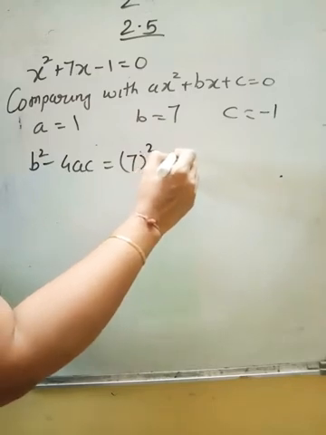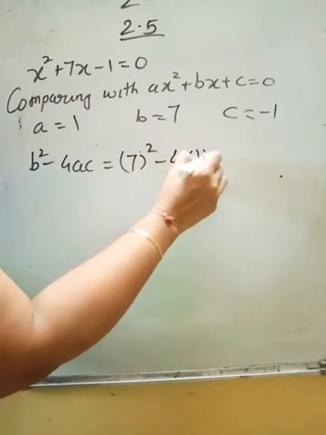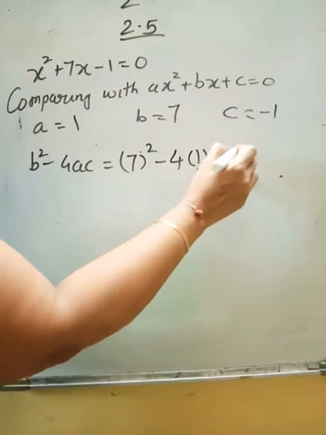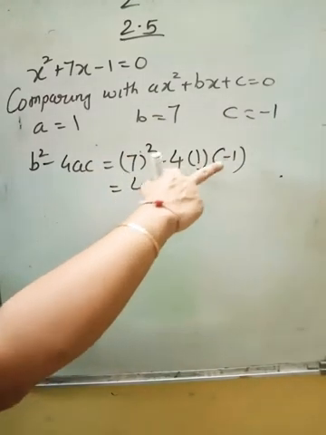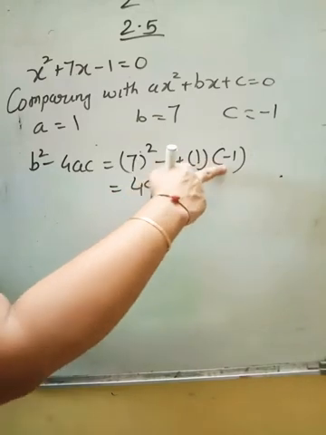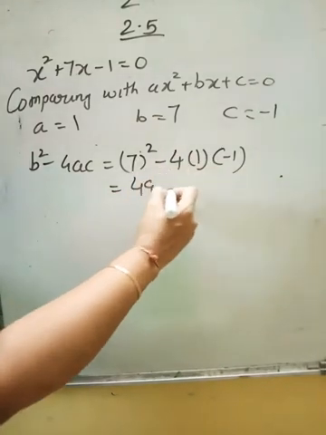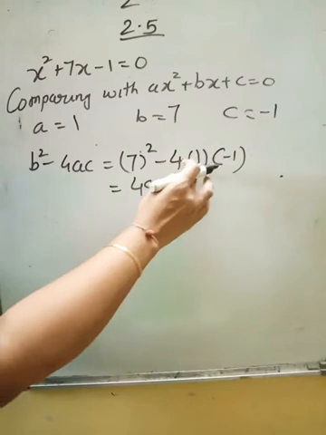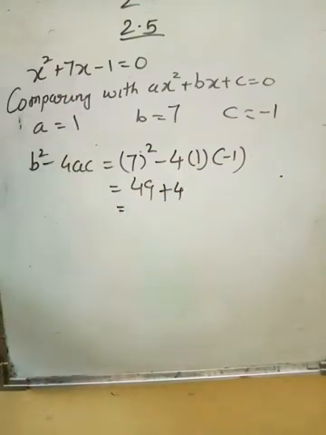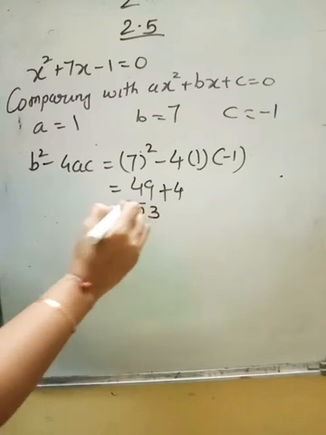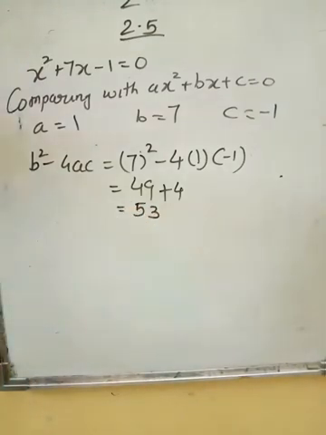Minus 4, A is this and C is minus 1. So what is 7 square? 49. Now you just check the sign. Here there is a minus sign, here a minus sign. So minus into minus will become plus 4 into 1 into 1. That's 4. So 49 plus 4 comes out to be 53. Correct? So you are going to have the discriminant value as 53.